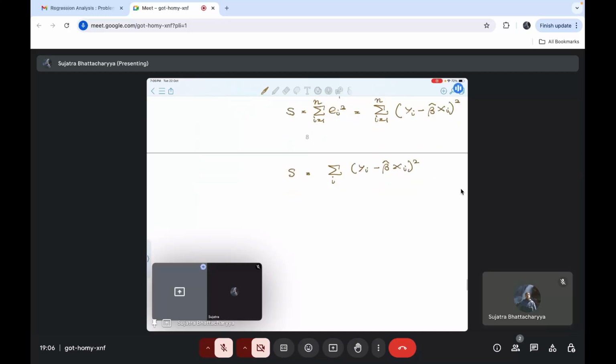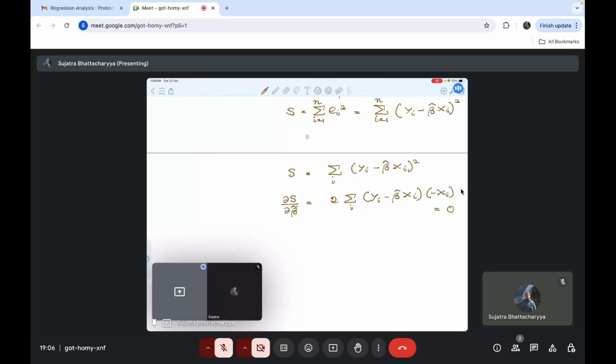Now, because we have to minimize the error, the next thing is delta S by delta beta hat. So 2 summation (y i minus beta hat x i), and differentiating with respect to beta hat, it will be minus x i. That should be equal to 0. One normal equation because one unknown parameter.